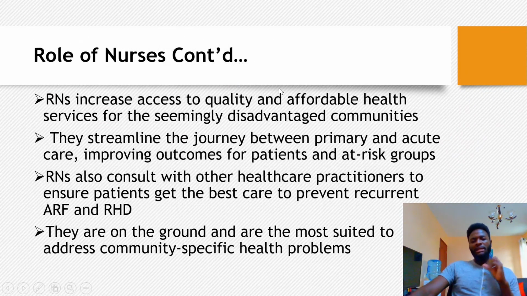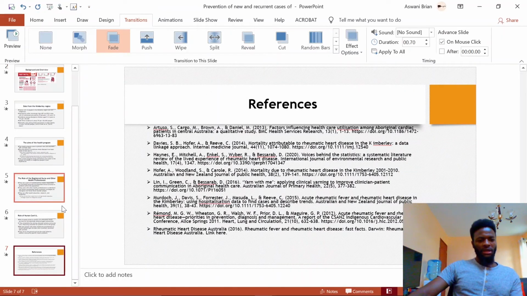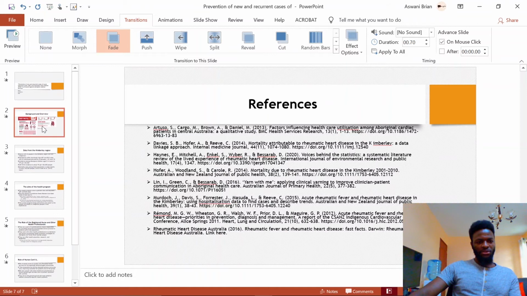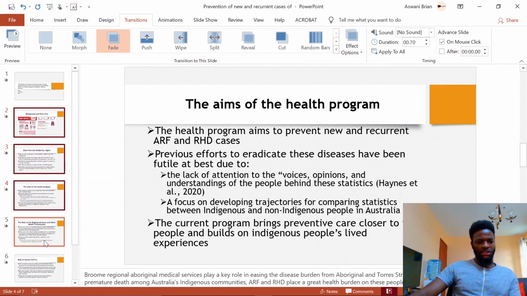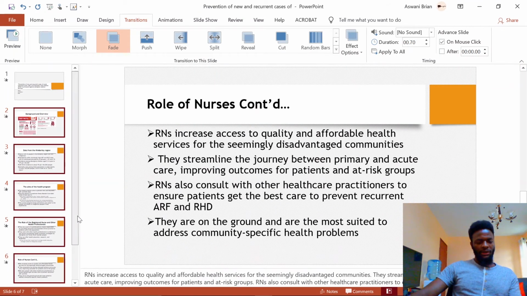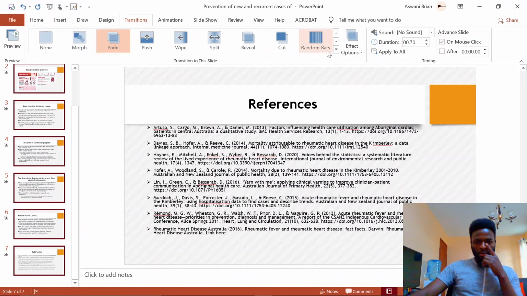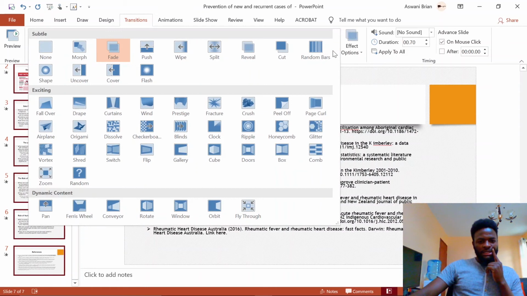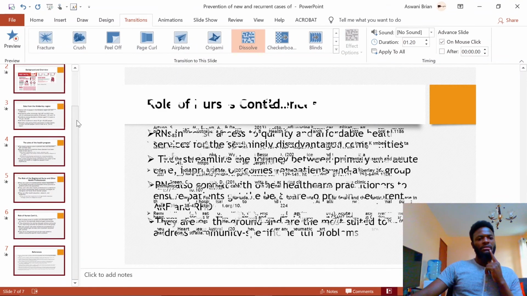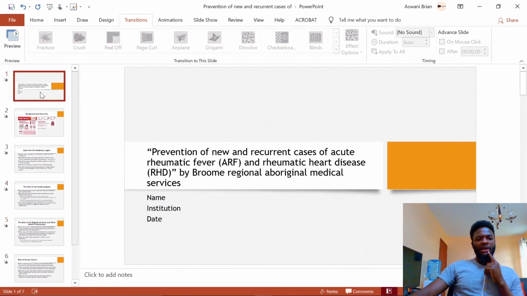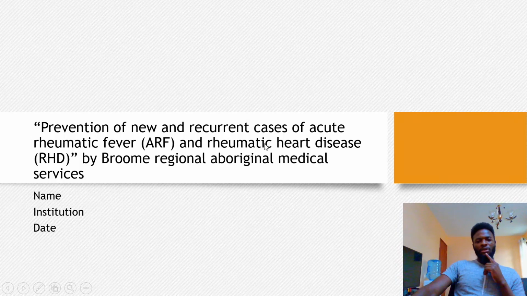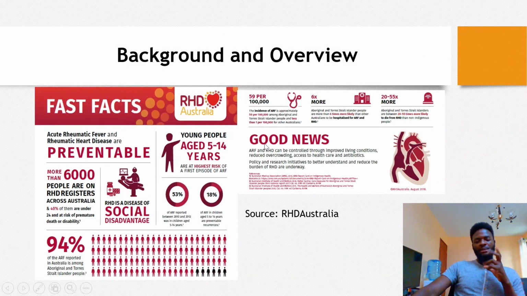So I like making it simple, but you can see some people use very complicated transitions. Let's try and see if we can change this and see how it looks. So let's say, dissolve. So if I'm on slideshow and I click this, the first one will show, the second one, that's how it appears.